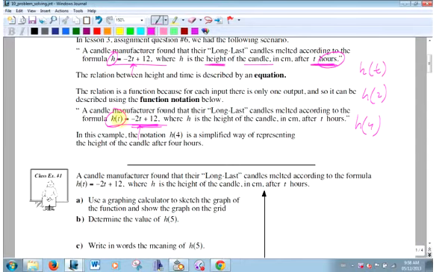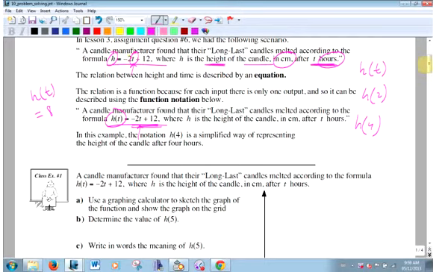Or I could say, well, let me say, when this thing is new, I'm not sure, but maybe at some point later, I want to know when this thing is 8. Do we have the units of height? Yes, we do, in centimeters. When is this thing 8 centimeters? And then you work backwards and you find out what t is. At what time is it going to be 8 centimeters after burning?